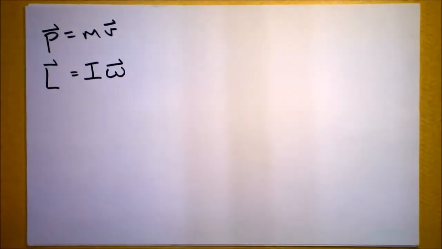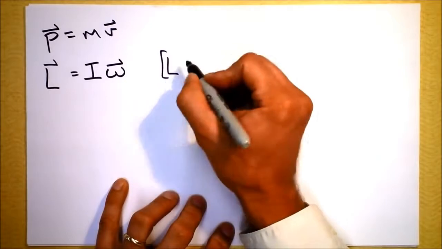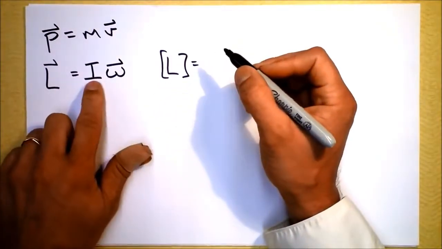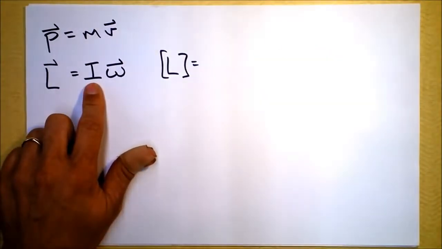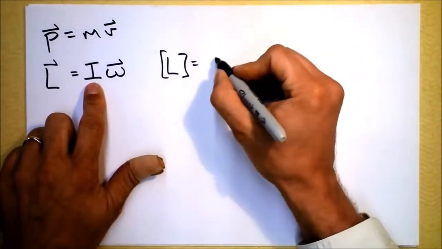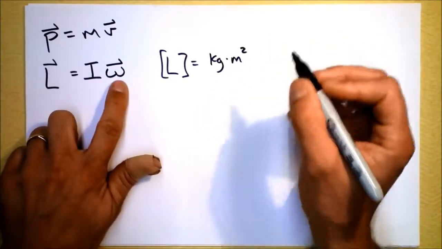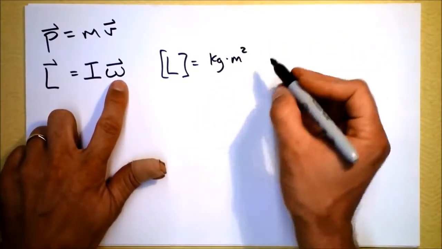Angular velocity. Okay, so we've defined angular momentum, and that's what it is. And look at these units. The units of L are the units of the moment of inertia. That's mass times distance squared, right? So we've got kilogram meters squared, and then we're dividing by seconds.